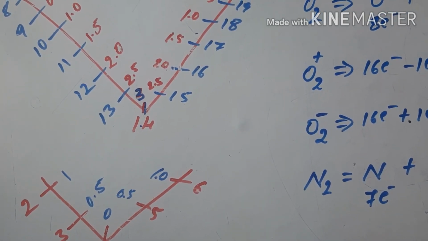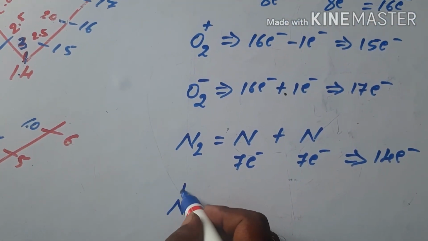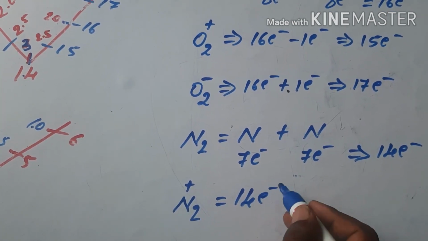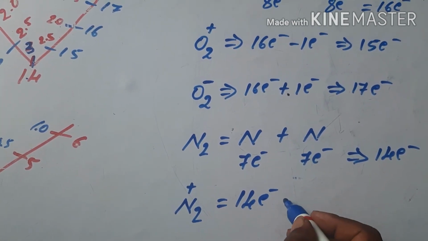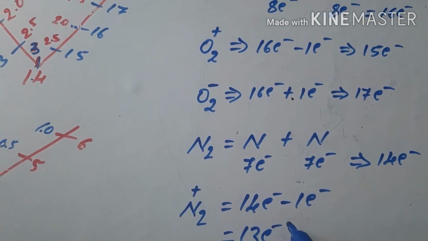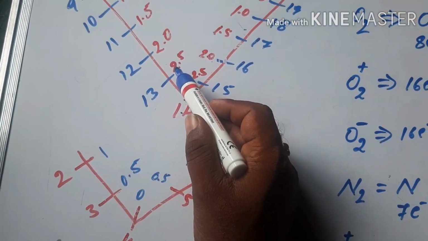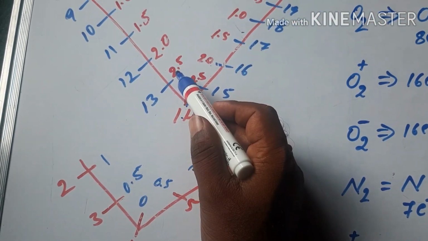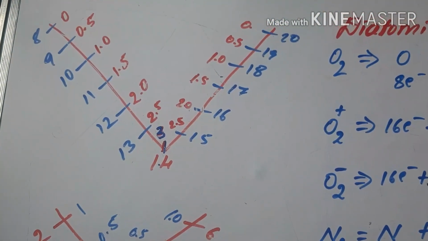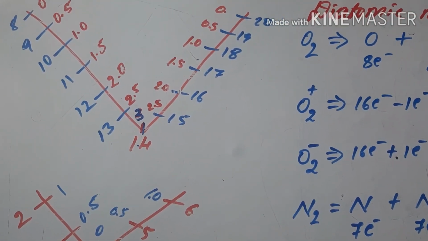In the same manner, for N2 plus, 14 electrons minus 1 electron removed gives 13 electrons. Therefore for 13 electrons, the bond order is 2.5. Like this we can determine bond order by the shortcut method for any given diatomic molecule.